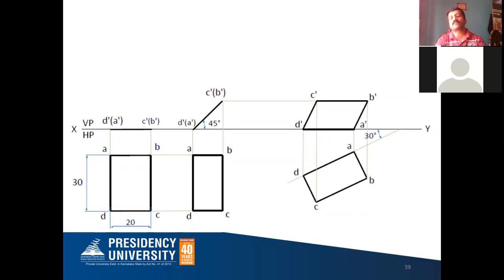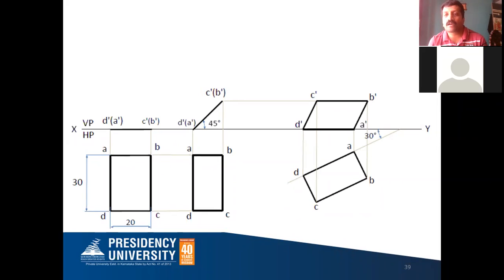Any exercise that is given with respect to the square lamina or the rectangular lamina resting on HP or VP, resting on the corner or the edge, you have to read the question carefully. According to that, you have to complete the projection. Okay, so today also let me remind you of this hint.